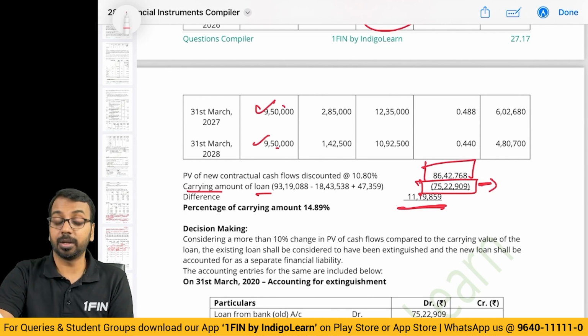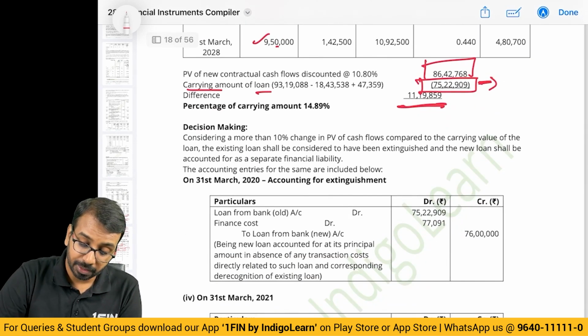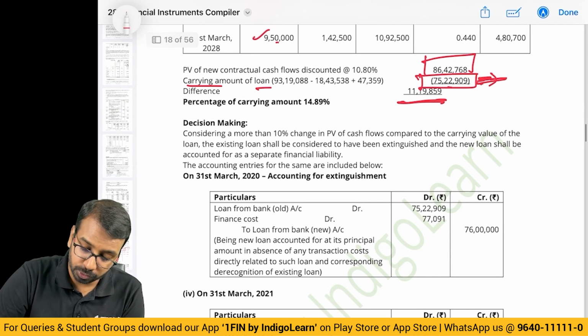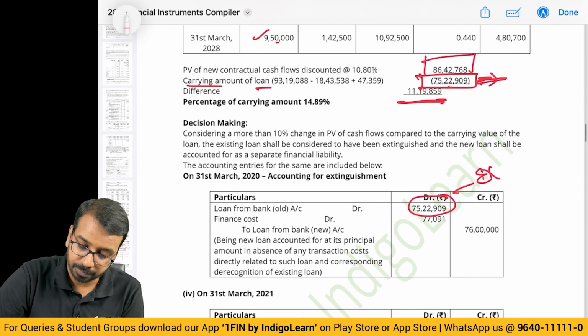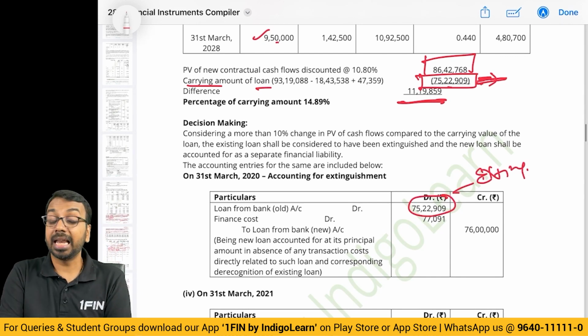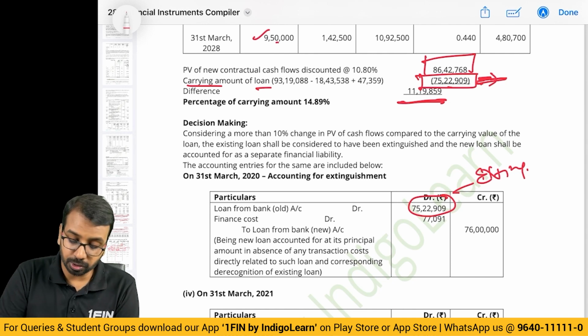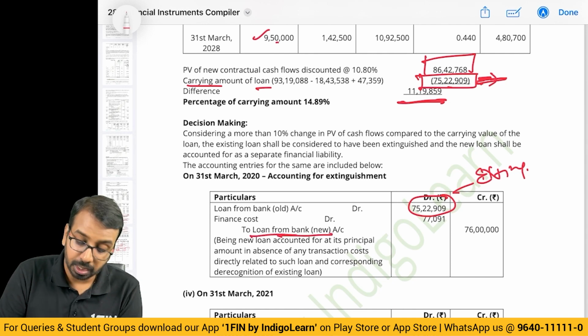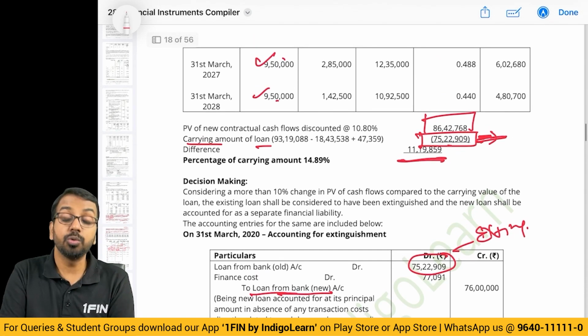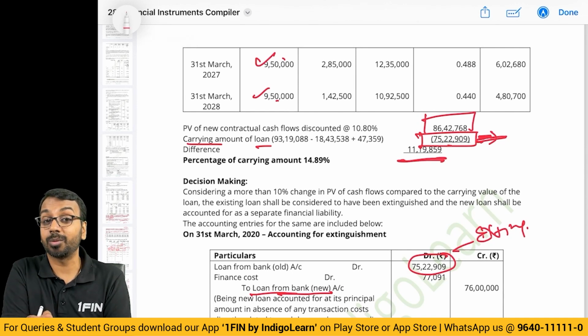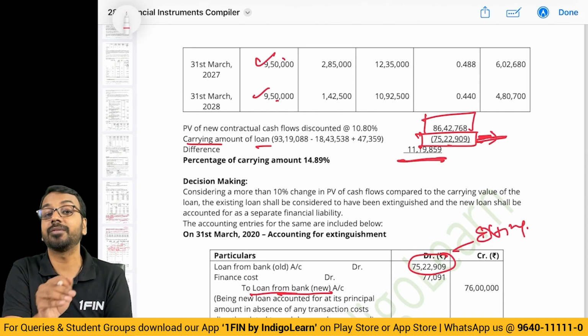If it is more than 10%, existing loan of 75,22,909 will be extinguished. And you will get to the new loan. Now, what is the value of new loan? The new loan will be considered at what? The new rate. What is the new rate? 15%.